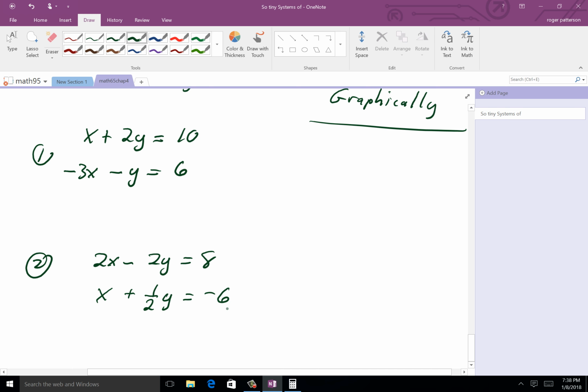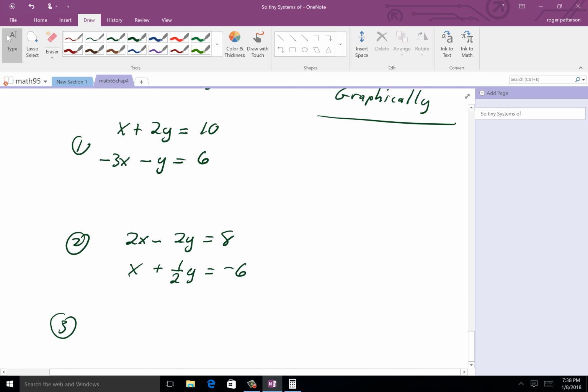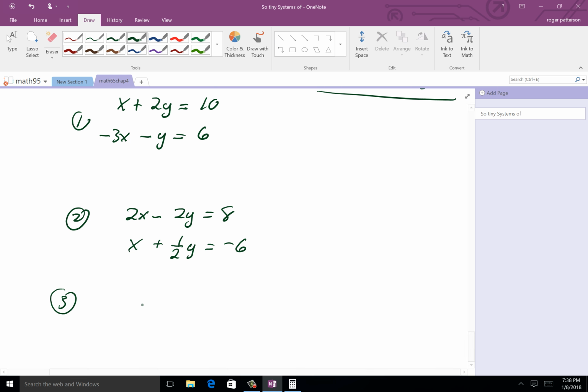I'll make this smaller. Put 3 down here. And I'll put the 4th one over here.